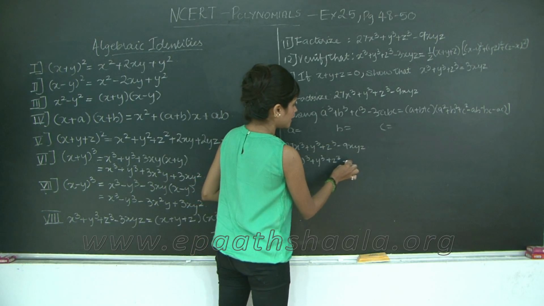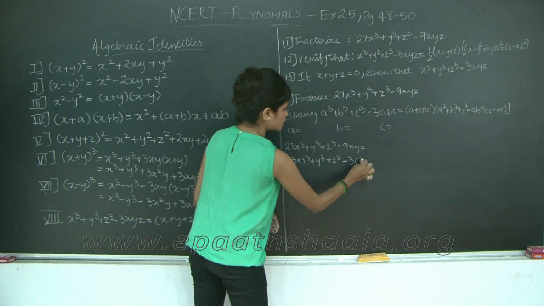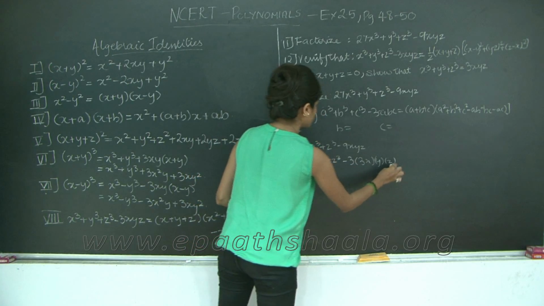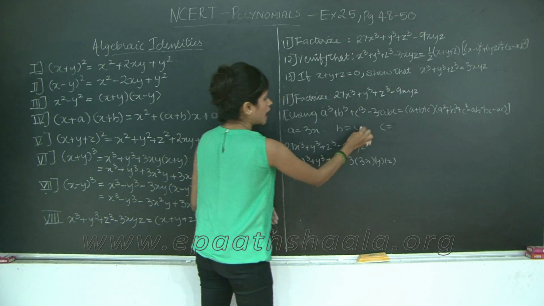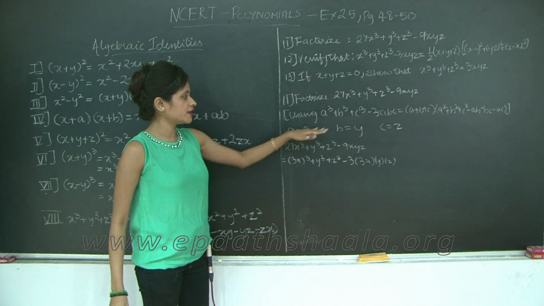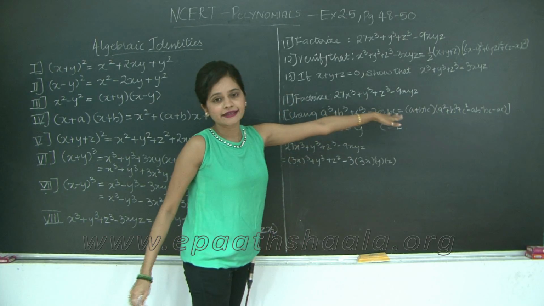So I write minus 3 into 3x into y into z. So the value of a is 3x, b is y and c is z. So let us substitute a equal to 3x, b equal to y and c equal to z in my identity number 8.